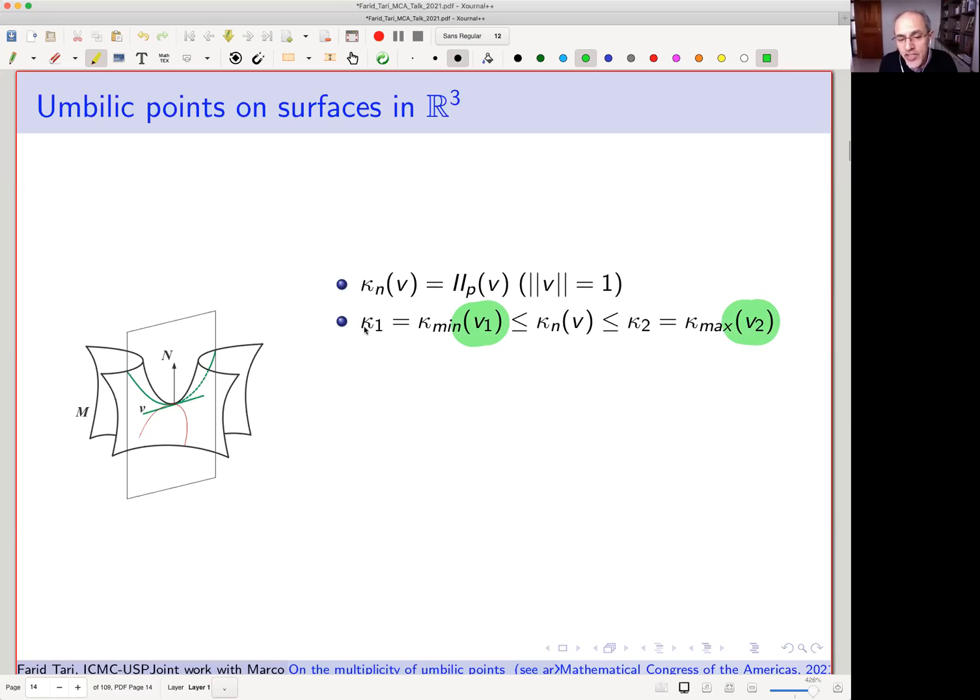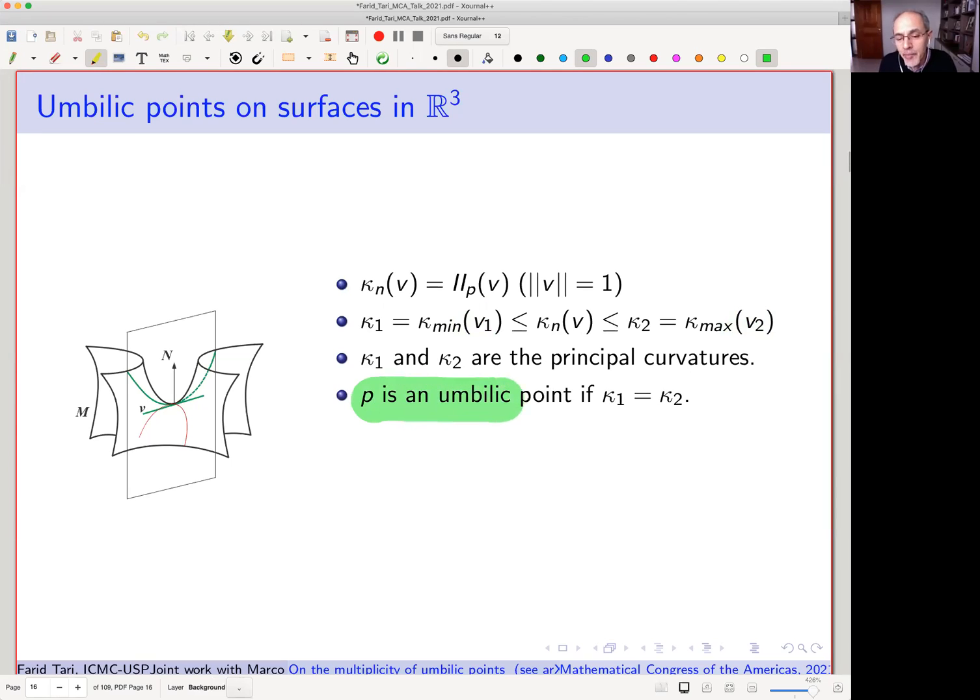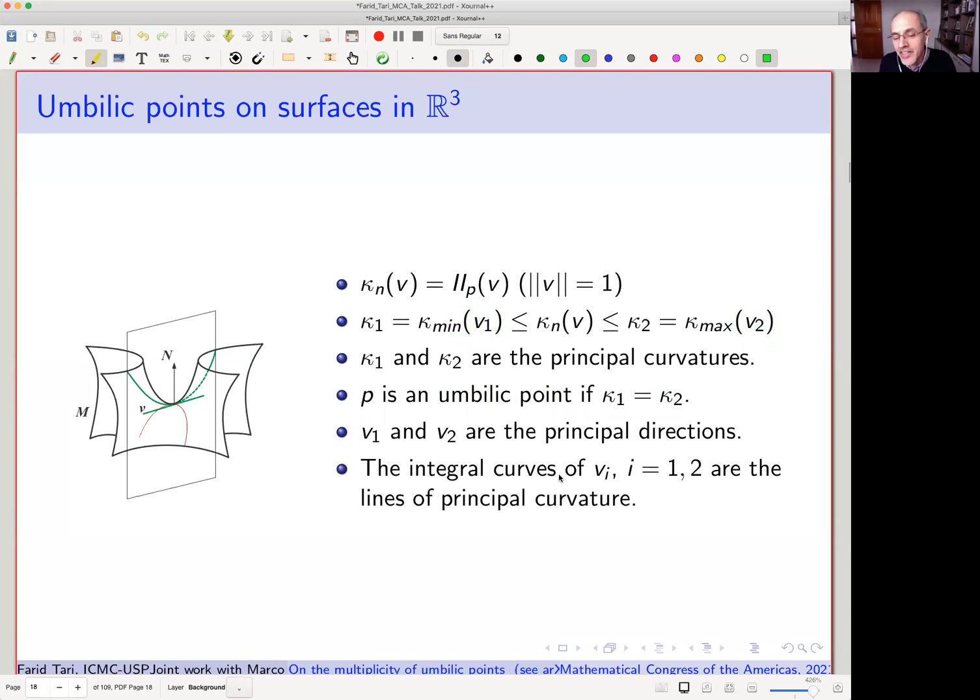This maximum and minimum are called the principal curvatures. A point is an umbilic point when the principal curvatures are equal. And the directions along which we have a principal curvature are called the principal directions, and their integral curves.